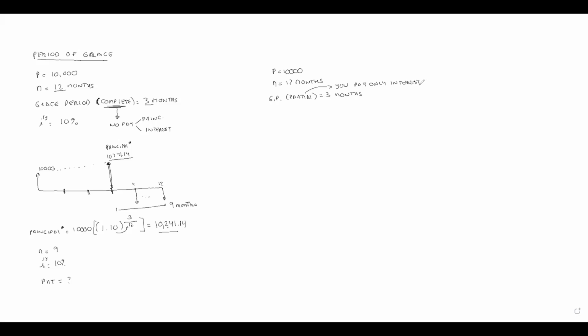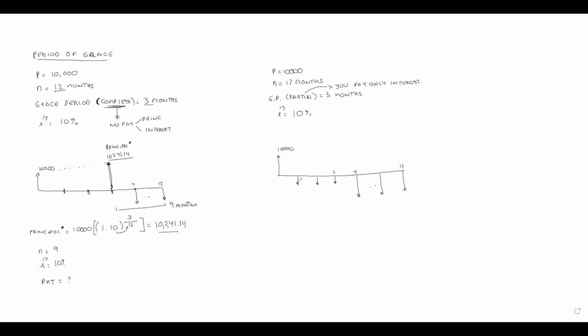Let's assume again my interest rate is 10% per year. So how is my cash flow going to look? I receive my $10,000, and then I will pay the first 3 months just the interest. And after the 3rd month, I will start paying all what is left.